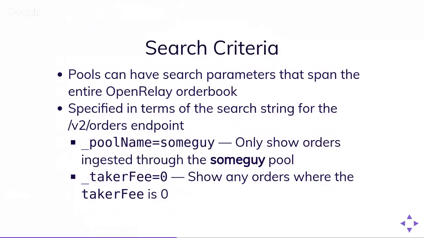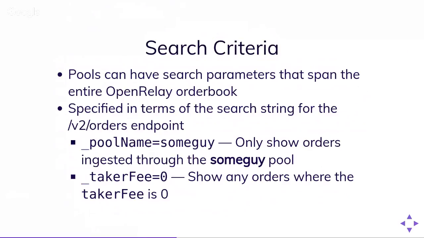What is the exchange contract address? And things like that. So you can use any of those normal search criteria that you can use on our orders endpoint. You can also add in a pool name, and we have prefixed these with underscores to indicate that they are custom OpenRelay search parameters and not standard relayer API parameters.